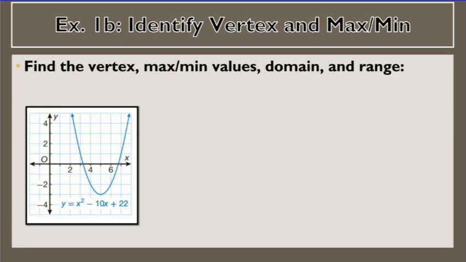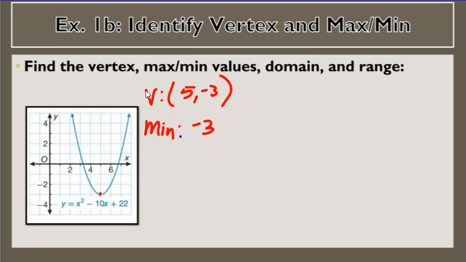Next one, find the vertex here. The lowest point is right there, so that would be at 5 for the x value. Y would be -3. And then we have a minimum because we have a U shape, so we have a bottom level here at -3. The minimum and the maximum is always the y value of your vertex.